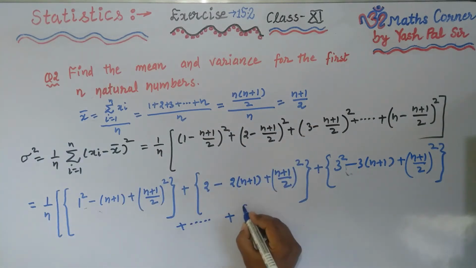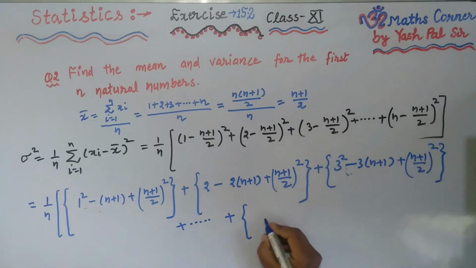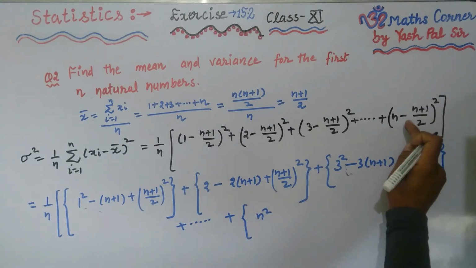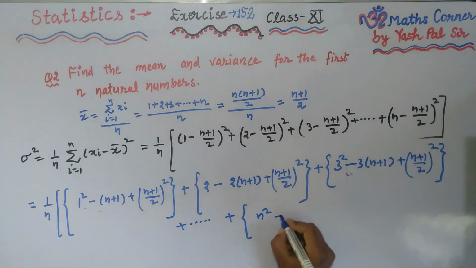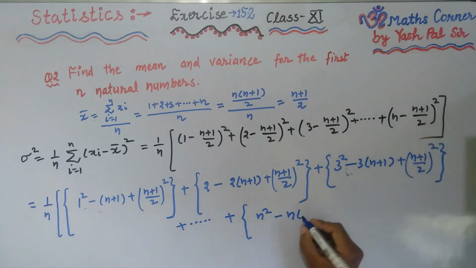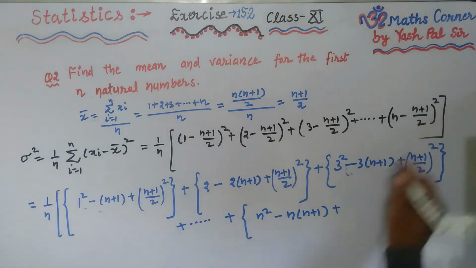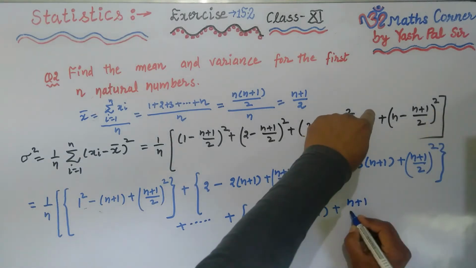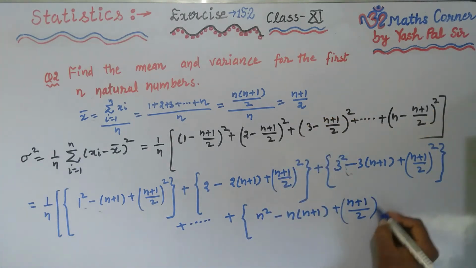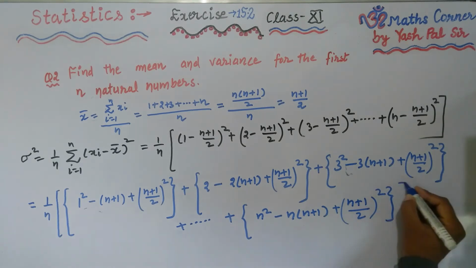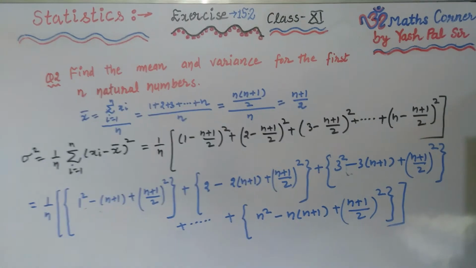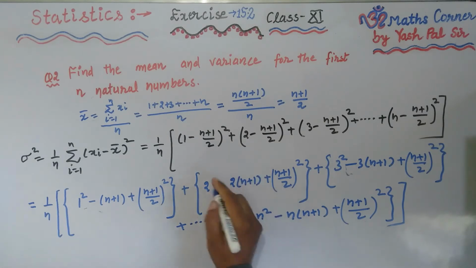Lastly we have n square minus 2 into this, cancelled, n into n plus 1. The last term is n plus 1 upon 2 its whole square, bracket closed. In the second bracket this was 2 whole square.